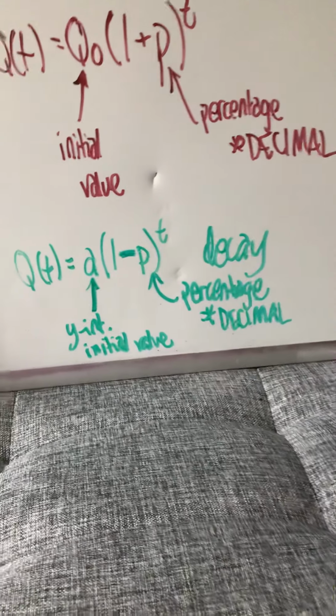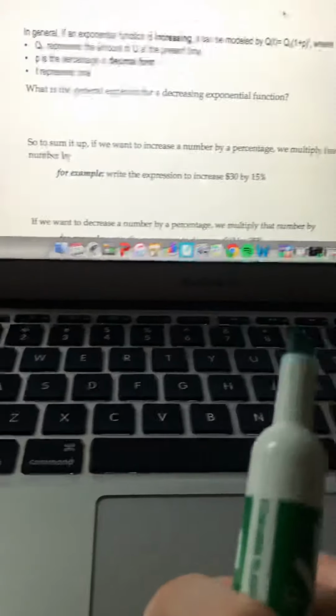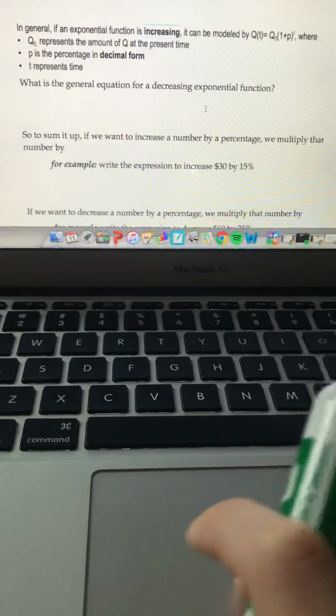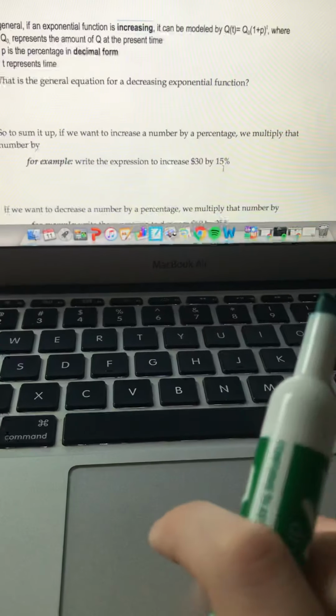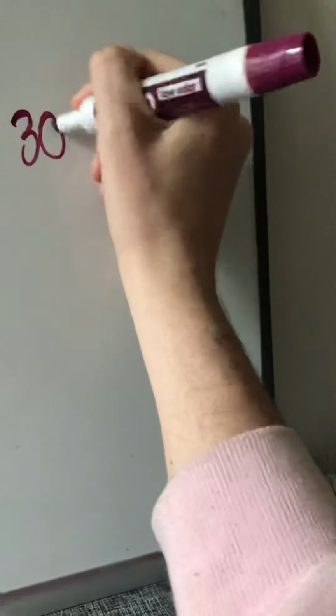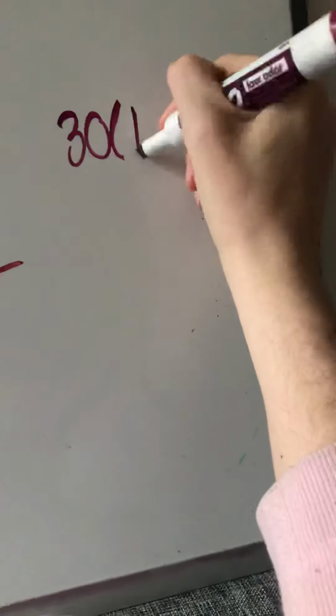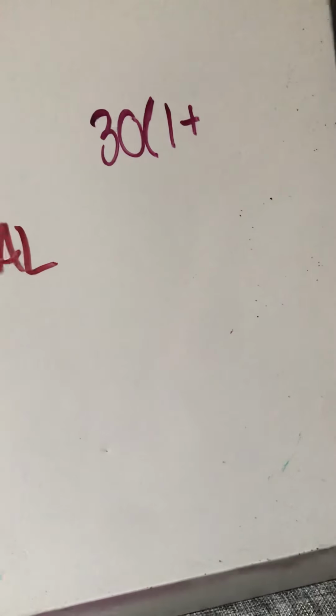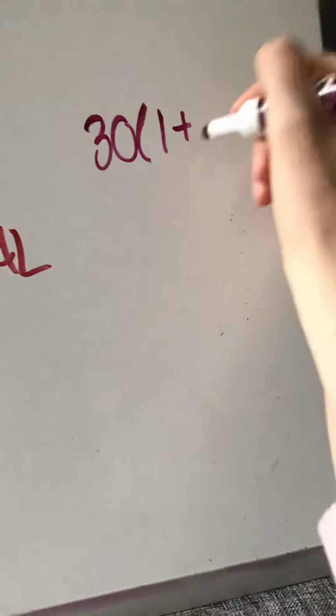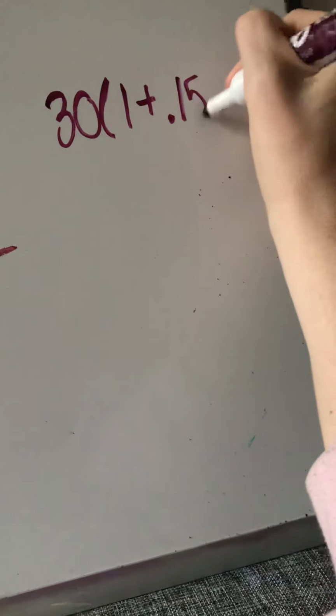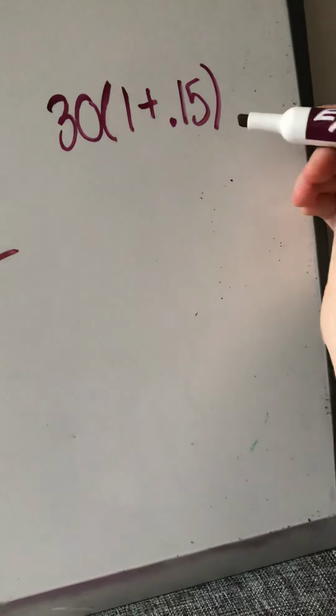Okay? So if I wanted to know what an expression is to increase $30 by 15%, well, it's an increase. So I know my initial amount there is $30. I'm increasing, which means I need to be adding it to 1. And 15%, well, to make that into a decimal, that's just 0.15.